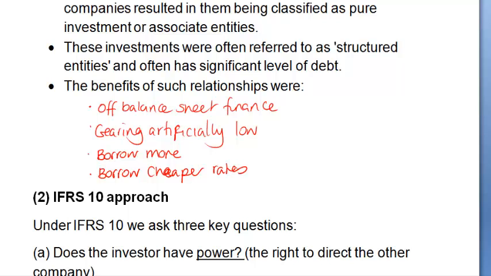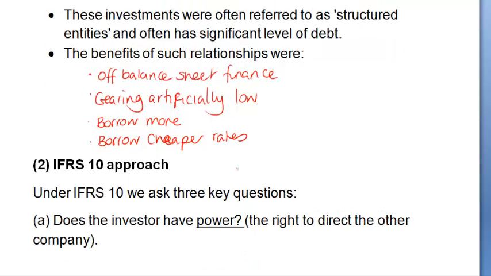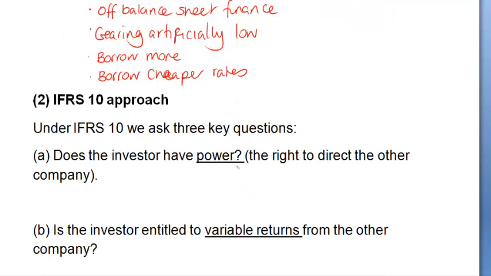So what we're going to do under IFRS 10 is take a principles-based approach. Rather than having strict rules, we're going to look at some broad principles. And we say, first of all, does the investor have power? And it says the right to direct the other company.